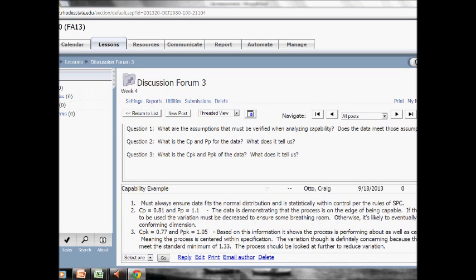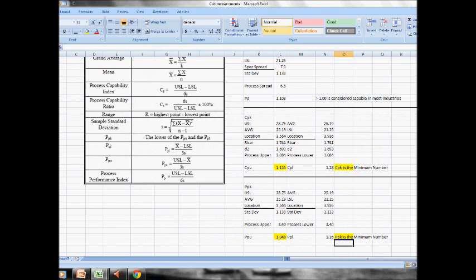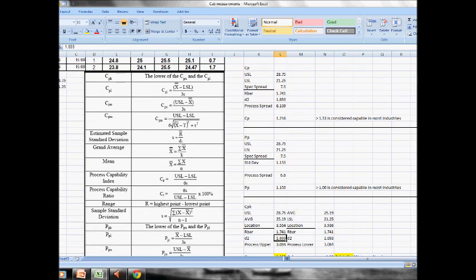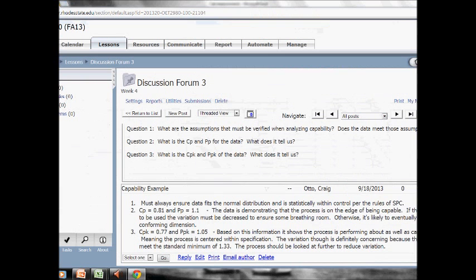Actually, the CP number will be off because I used the wrong D2 number. So shame on me, but now we know that the CP is actually 1.216, so that's incorrect there. But the PPK is still okay. It's 1.1, that's fine. Basically the data is demonstrating that the process is on the edge of being capable. If the process is going to be used, the variation must be decreased to ensure some breathing room. Otherwise, it's likely that it will eventually yield a non-conforming dimension.